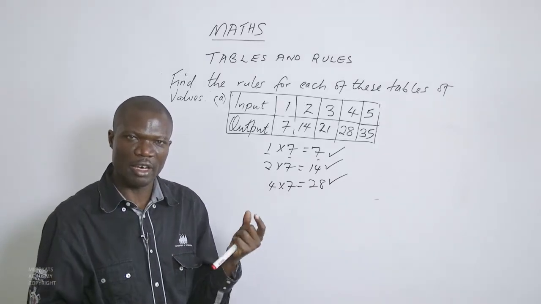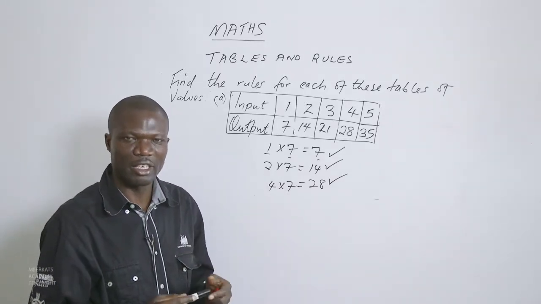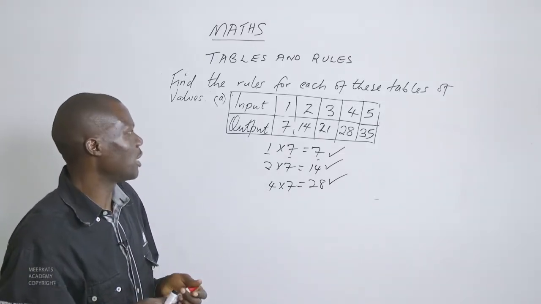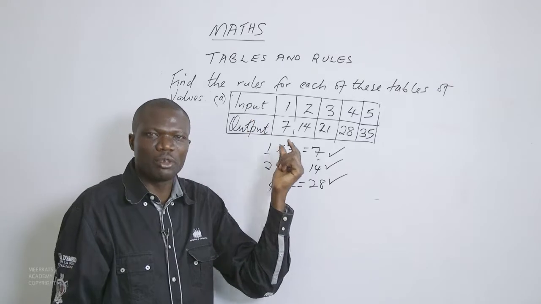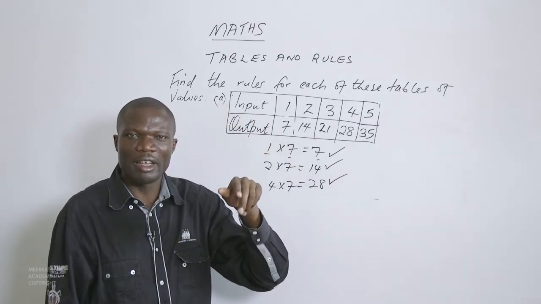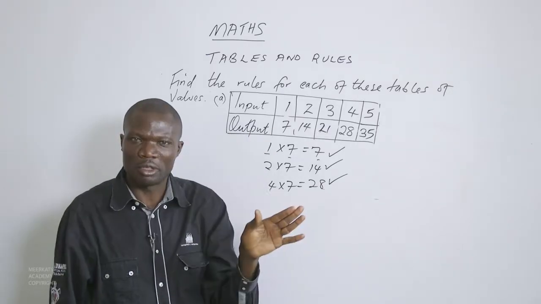All three are correct, and if the three are correct, then there is a rule being developed. You will notice that each input value has been multiplied by 7 to arrive at the output.